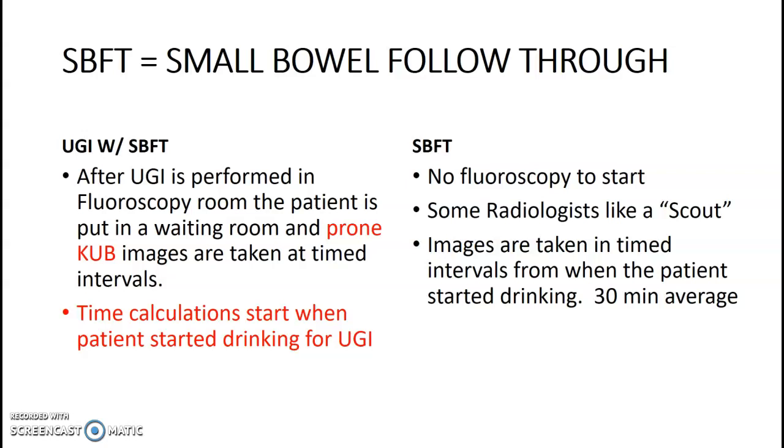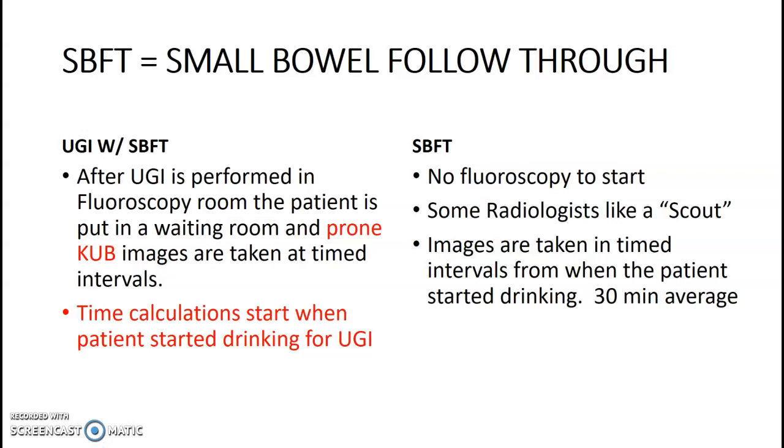Here's a breakdown of the small bowel follow-through. If it's with an upper GI, you're already doing your stomach imaging with the upper GI. When you're done with the GI, the radiologist will say, take an x-ray in 20 minutes. All of our images are done prone, and you calculate from the time that your patient started drinking for the upper GI.